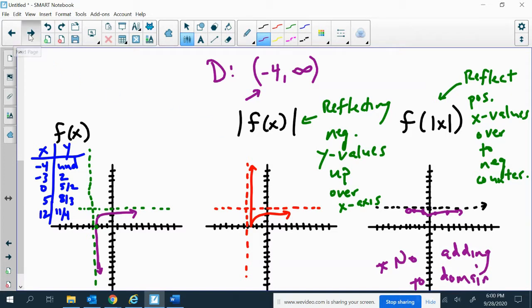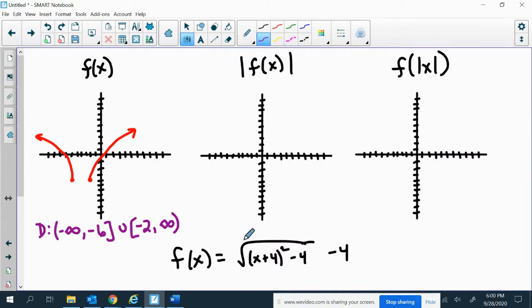All right, 2 more examples. This one, I've already graphed f of x. So if I'm graphing the absolute value of f of x, that means that everything down here is going to reflect up. So this is at like 0.4 or something. And this is at, I think it's like -7 or -8, something like that.